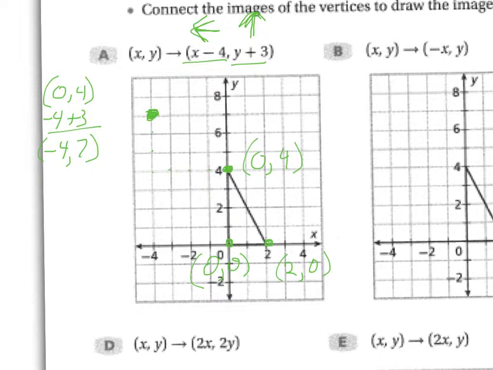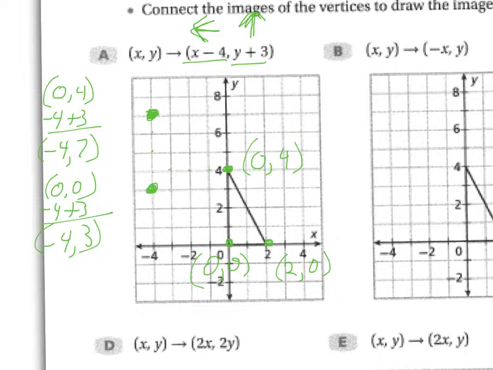0, 0, subtract 4 from my x, add 3 to my y, I end up with negative 4, 3. So negative 4, 3 would be right here.